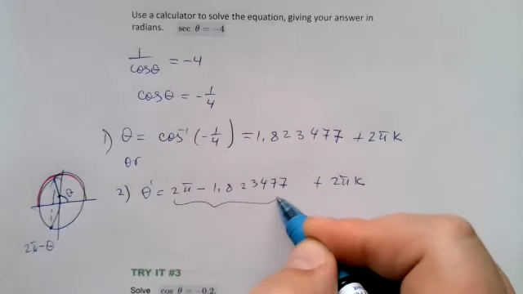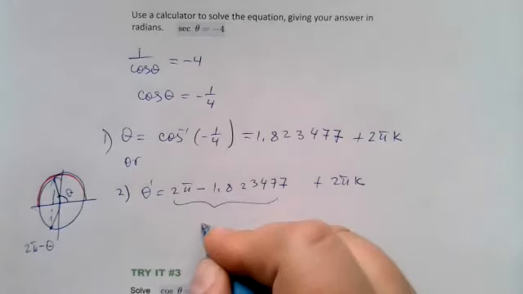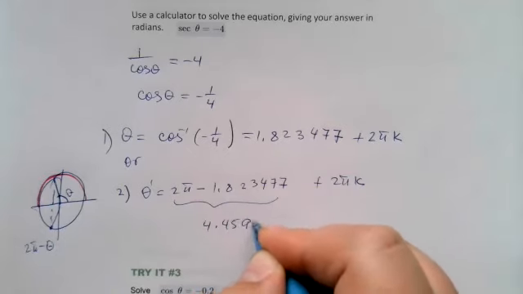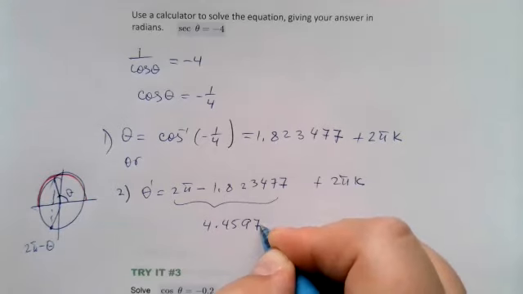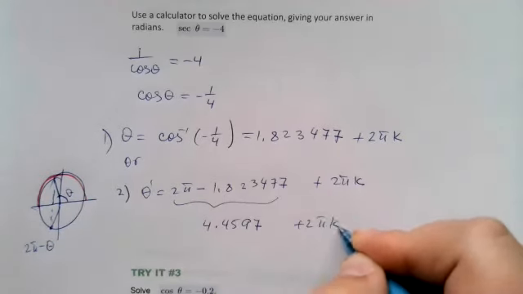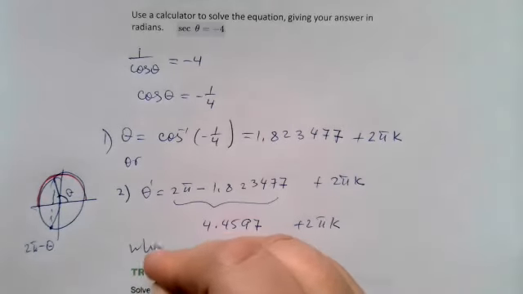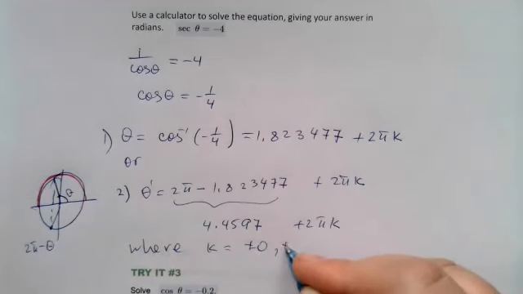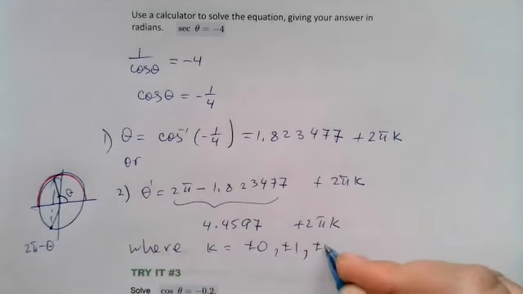So this is going to be 4.4597, and then plus 2 pi k, again, where k is plus or minus 0, plus or minus 1, plus or minus 2, and so forth. All right, so that's how you would approach this problem.